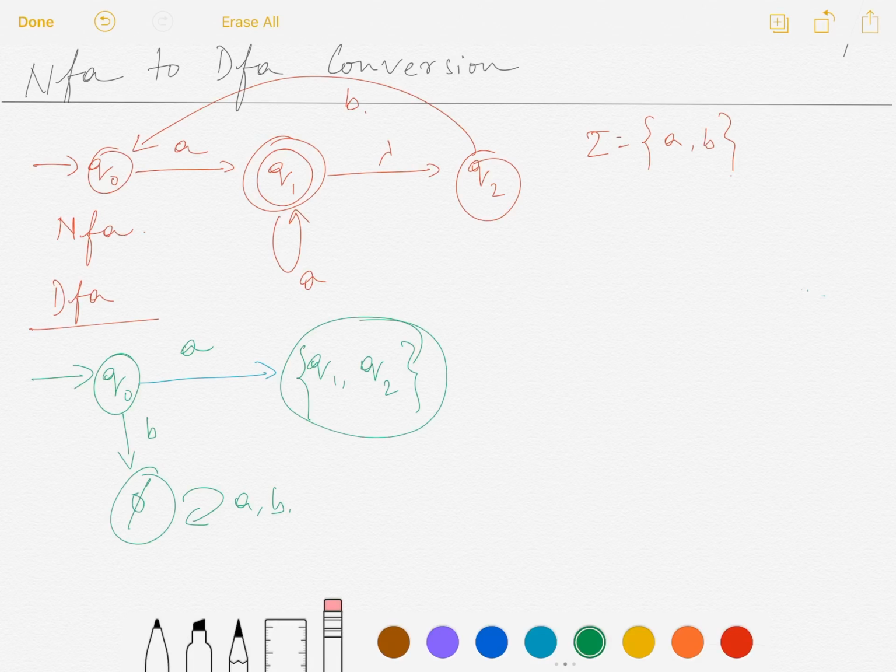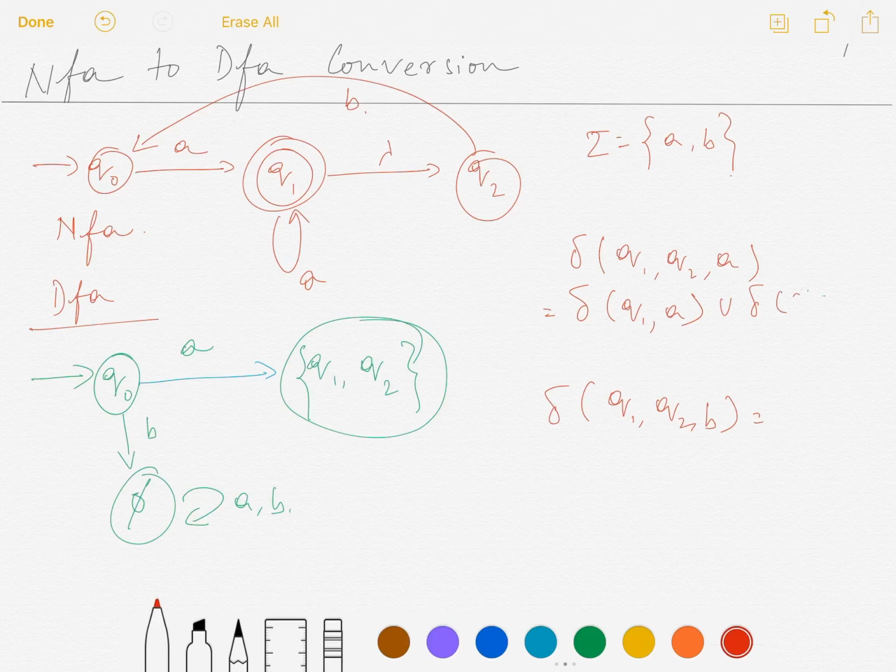Now, let me check what will happen if I give A to Q1, Q2 and B to Q1, Q2. If I give A to Q1, Q2, it means delta Q1 A union delta Q2 A. Now, at delta Q1 A, directly it is going to Q1, as well as after giving A lambda, it is going to Q2.